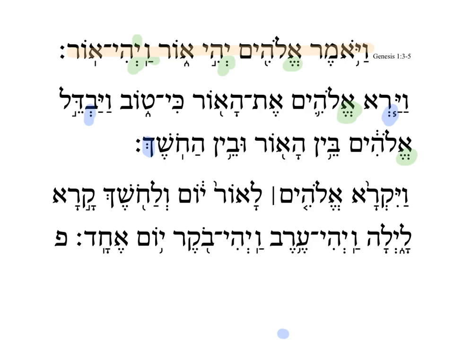So verse 4, putting it together, Vayar Elohim, and God saw, Et Haor Ki Tov, that it was good. Vayavdel Elohim, and God separated, Bein Haor Uvein HaChoshech, between the light and between the dark.